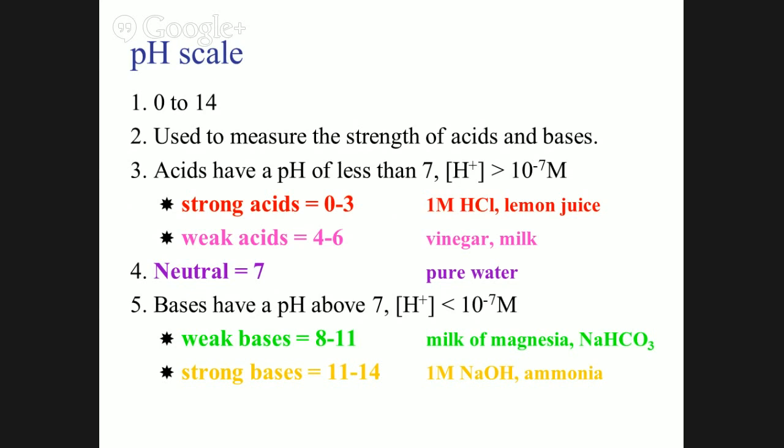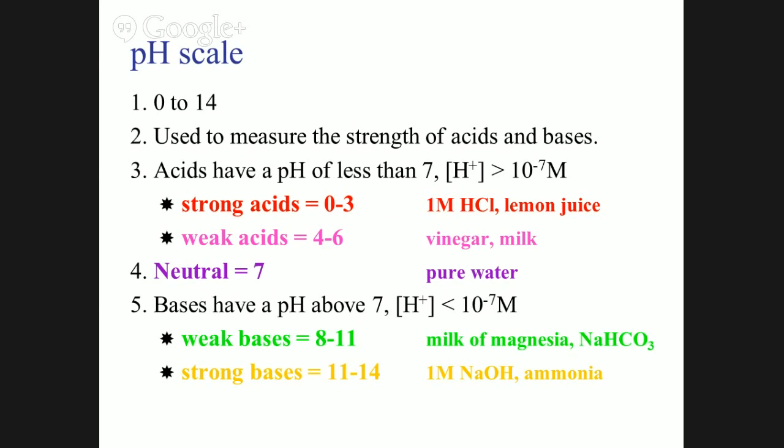Notice that the 10 to the negative 7 M molarity concentration tells you that the concentration of hydrogen ions in what would basically be neutral is 10 to the minus 7 M. So that means 10 to the negative 7 moles per liter. If we have a concentration that's less than that pH-wise, so the small numbers, 0 to 3, 4 to 6, those are the acids.